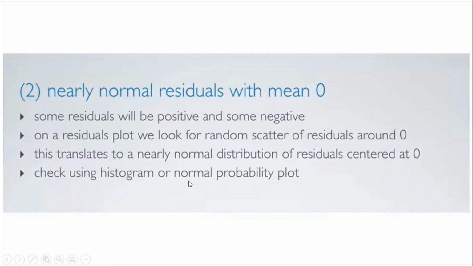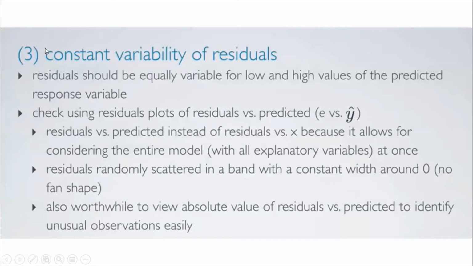We check this assumption with the normal probability plot, which we call the QQ plot. The third assumption is, as usual, constant variability of residuals, also known as homoscedasticity. Basically, the variability of the residuals should be constant as the fitted value increases.